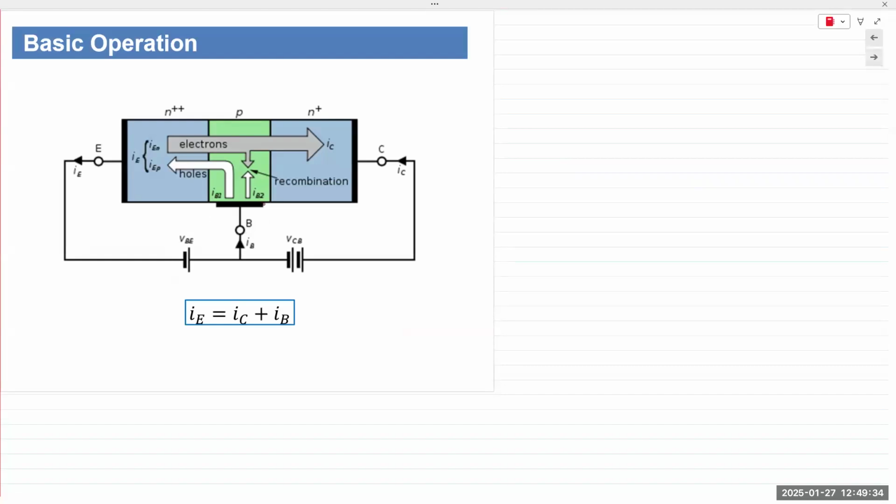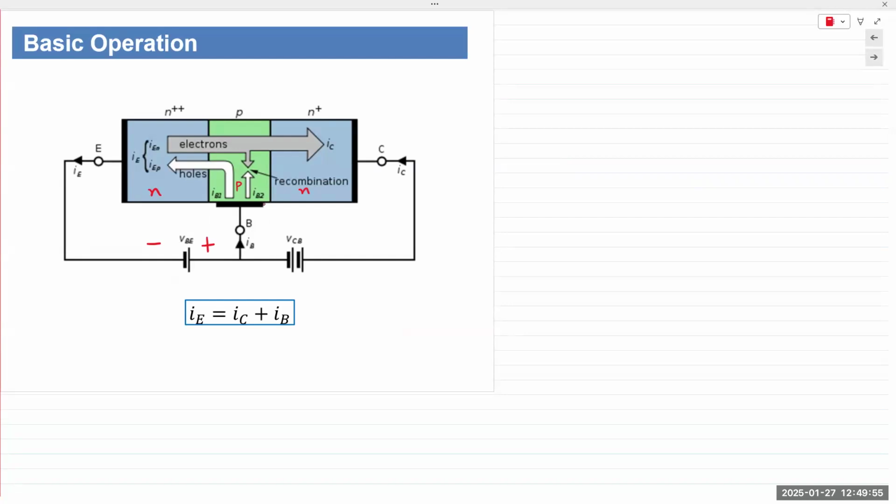So we have an NPN transistor where we are forward biasing. This is N, this is P, and this is N. Okay, so you're forward biasing the base emitter junction.